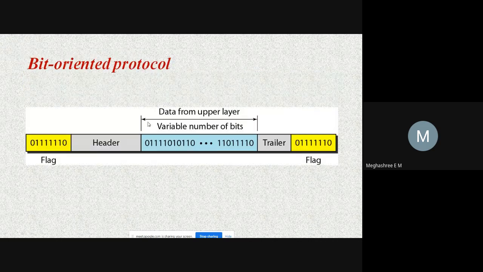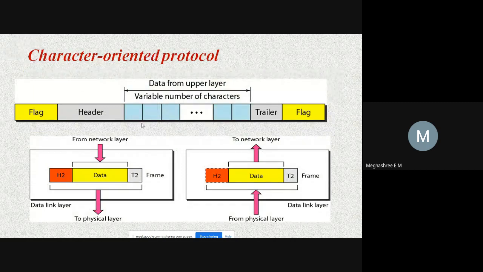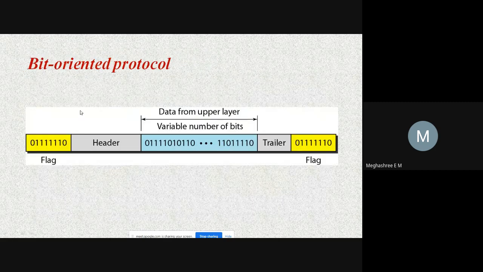The difference is that in the earlier method every field must be of 8 bits, whereas in bit oriented it is not the case. It is not mandatory that the bits in each field be divisible by 8.